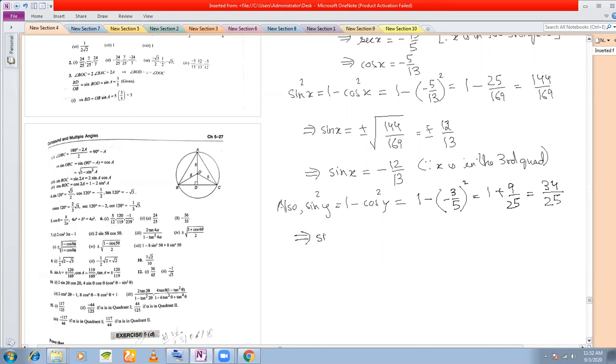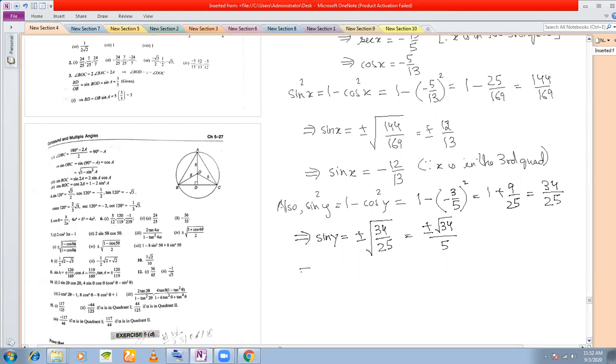That means sin y is plus or minus square root of 16 by 25, which is plus or minus 4 by 5.